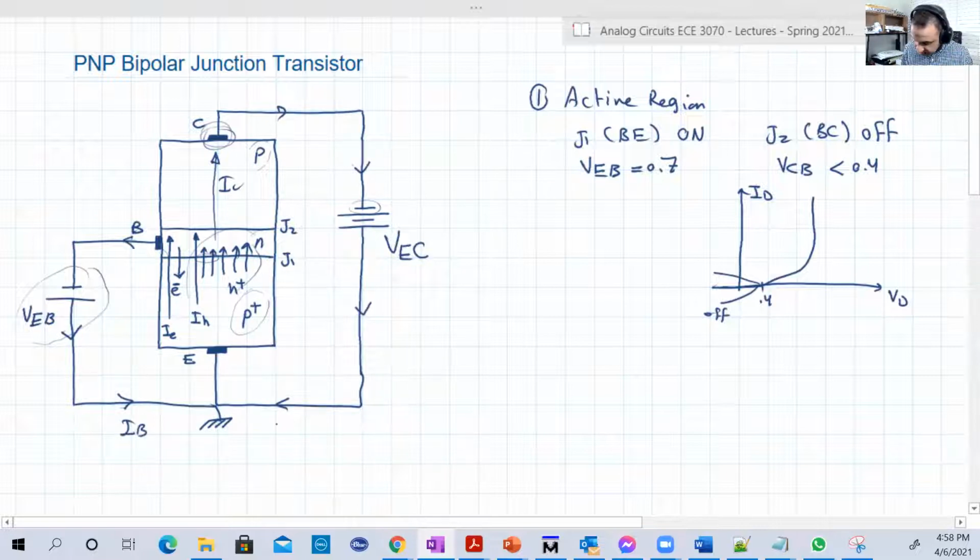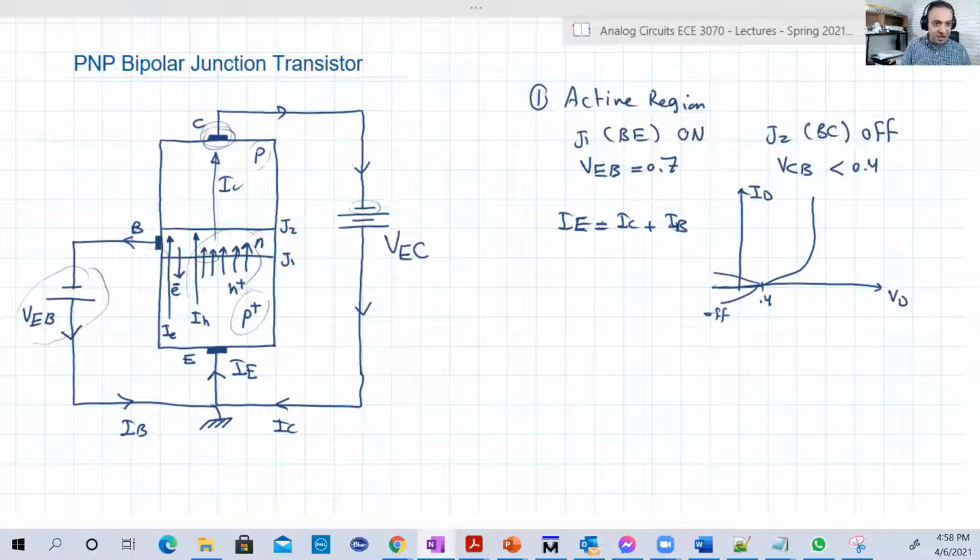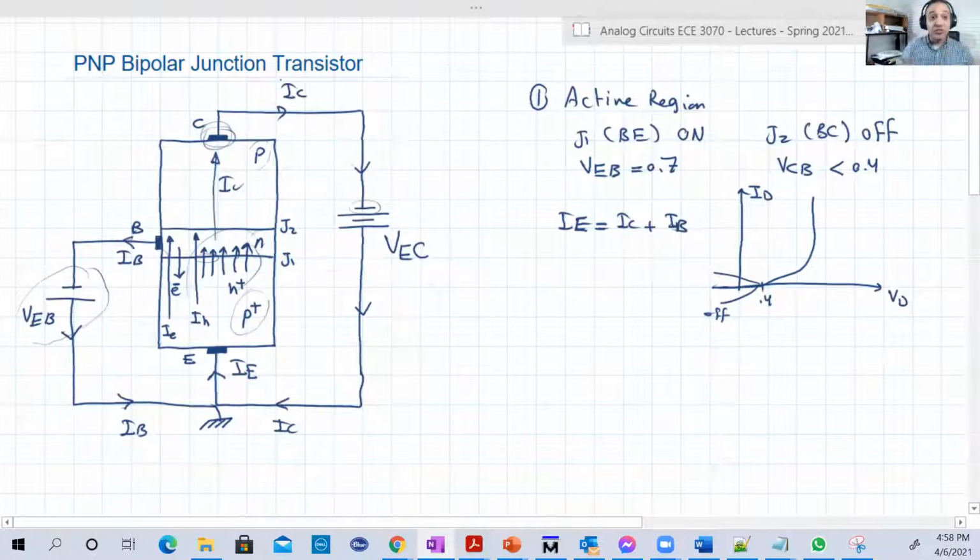So this is IB, this is IC, and again they are joined at the emitter. That's why IE equals IC plus IB. But now it's in the opposite direction. So now IB is going out of the base, IC is going out of the collector, and IE is going into the emitter. They are opposite to the NPN. So they are positive with these directions.